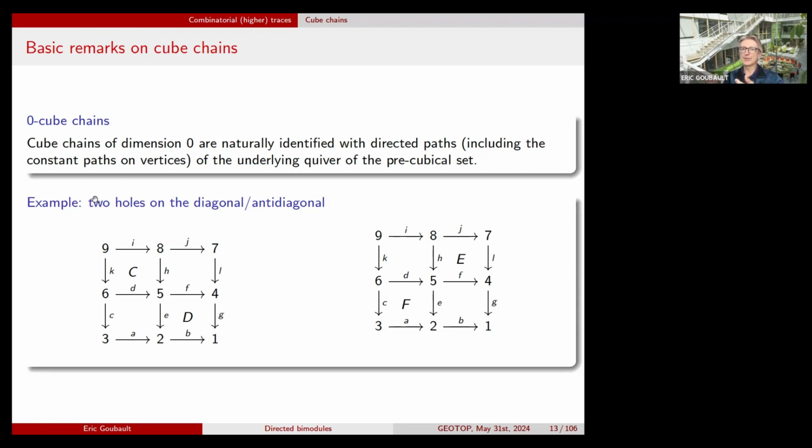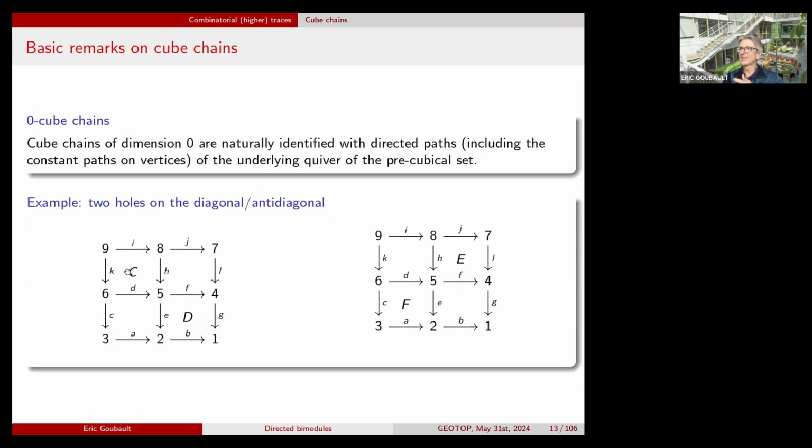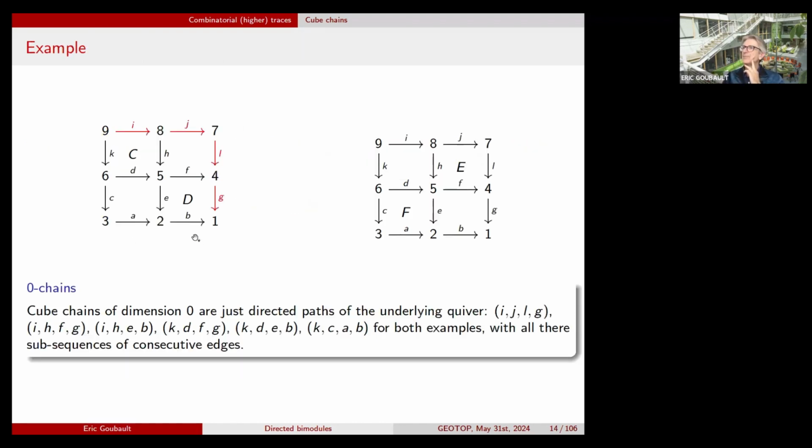It's just a sequence of edges which are glued by their end vertices. So this red thing, the sequence IJLG, is going to be a zero cube chain, and many others, of course.